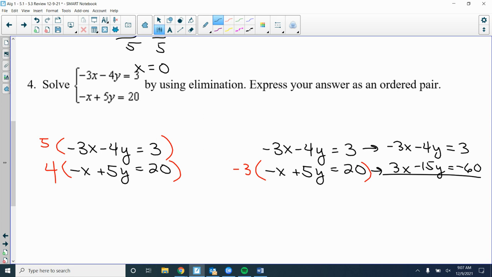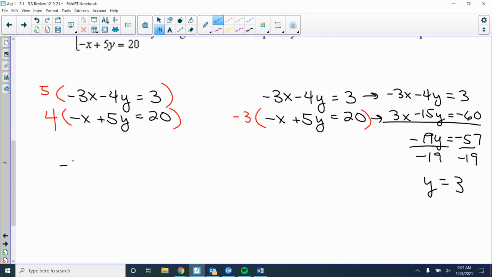All right, what do we end up with? Negative 19y equals negative 57. So y equals what? Negative 57 divided by negative 19. So y equals 3. All right, now we've got to substitute and figure out what x is. So negative 3x minus 4y equals 3. y is 3.